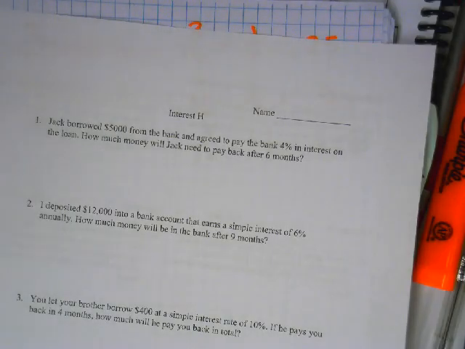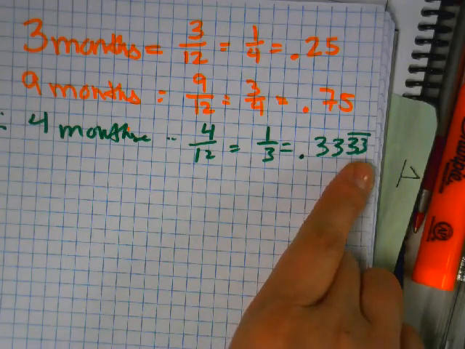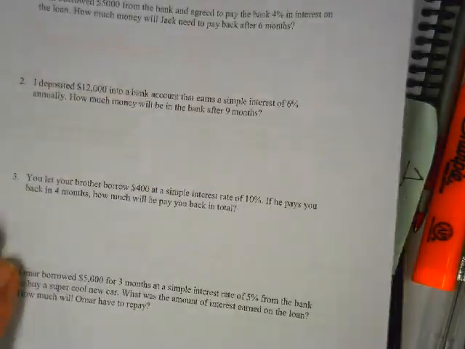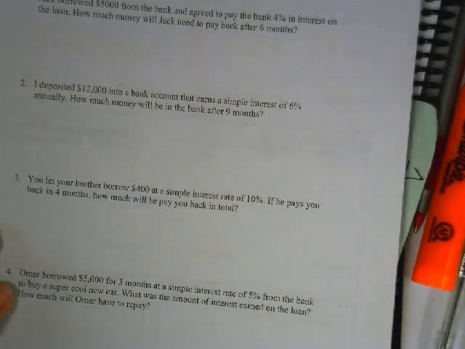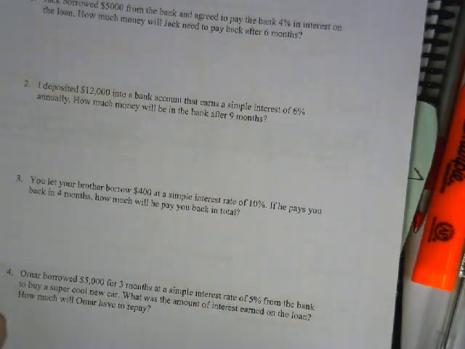Okay, so all of these are going to be months. I do give you number 3 as 4 months, which is 0.3333. What should we agree on for number 3? 0.33.